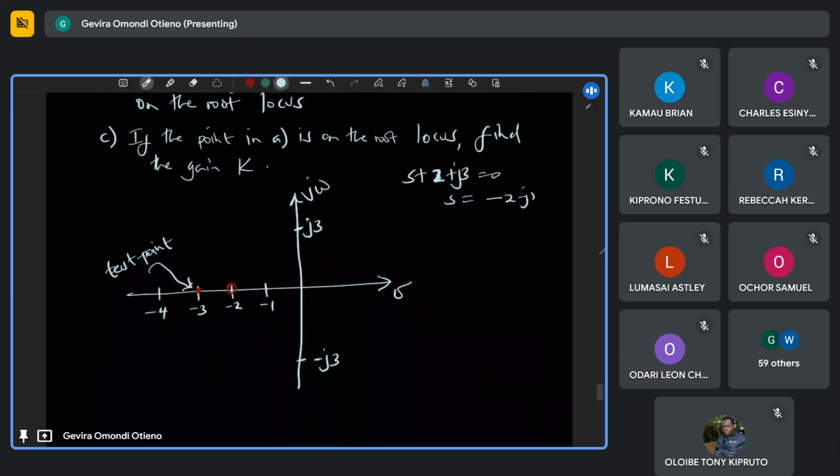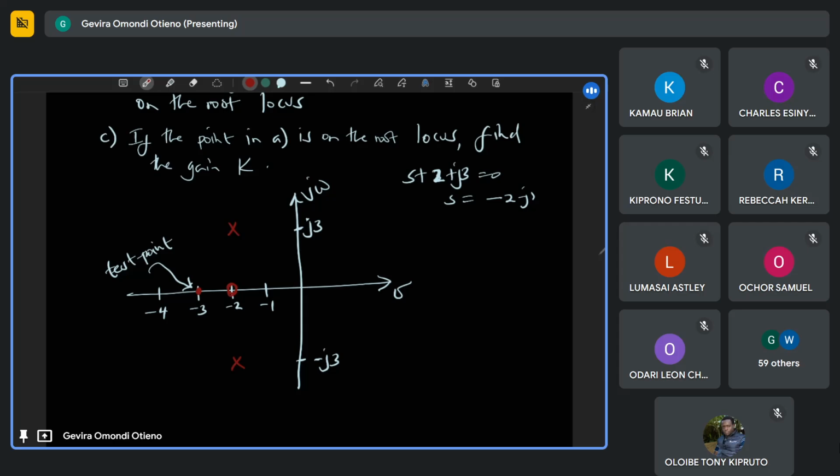So you'll have a point -2 minus J3 as a pole, and -2 plus J3 as a pole. Notice these poles don't lie on the real axis. It is only the 0 that is lying on the real axis, but the test point also lies on the real axis in our case.